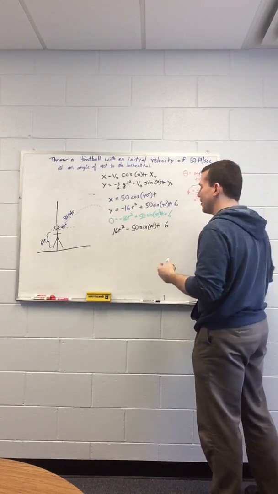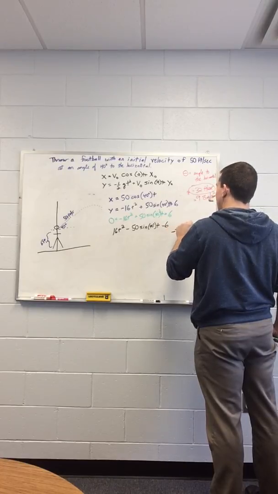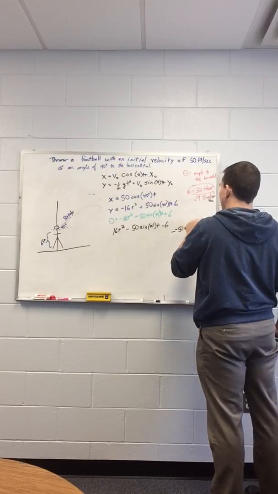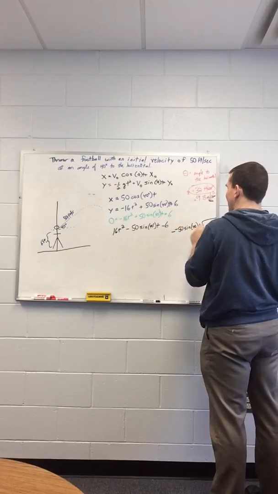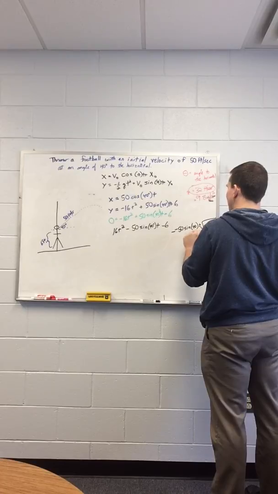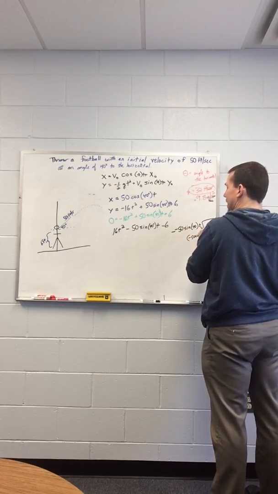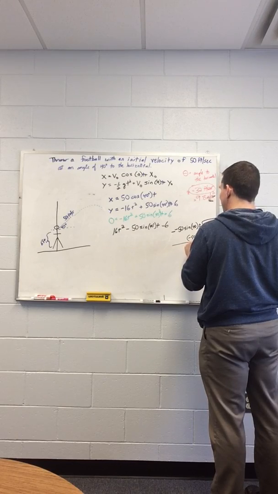Using the quadratic formula, we get t equals negative of negative 50 sine 40 plus or minus the square root of negative 50 sine 40 squared minus 4 times 16 times negative 6, all over 2 times a, which is 16.